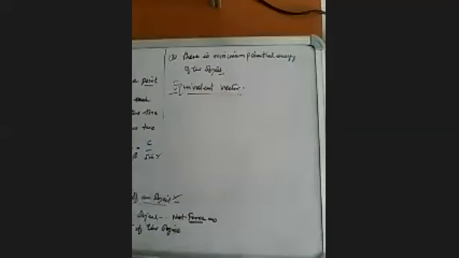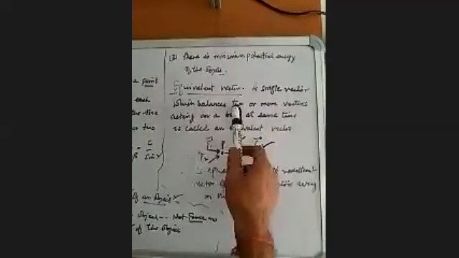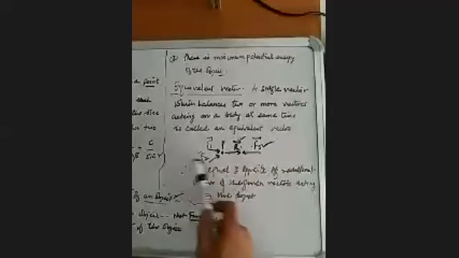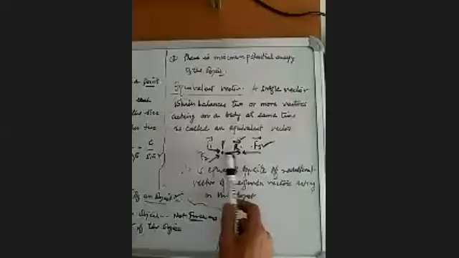So let us get the definition of equivalent vector. Once again, equivalent vector is a single vector which balances two or more vectors acting on a body at the same time. So if two forces F1, F2 act on a body at point P, they produce this result.